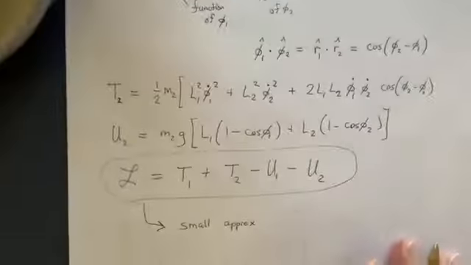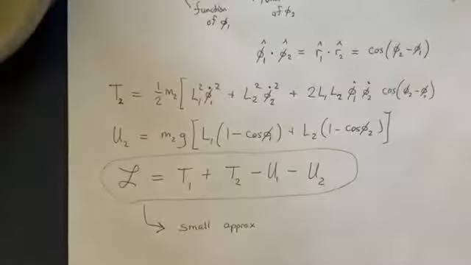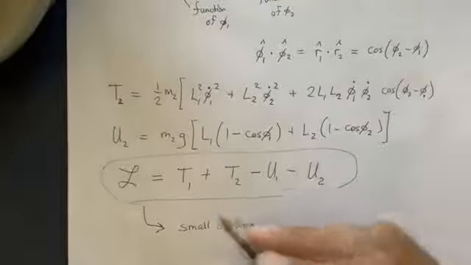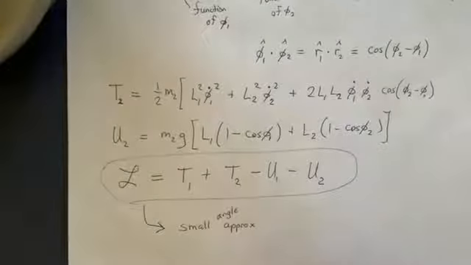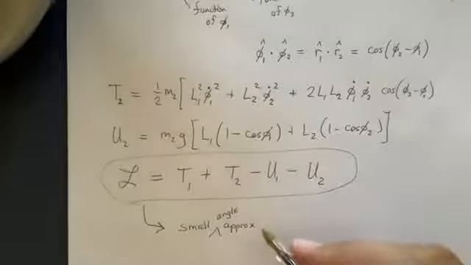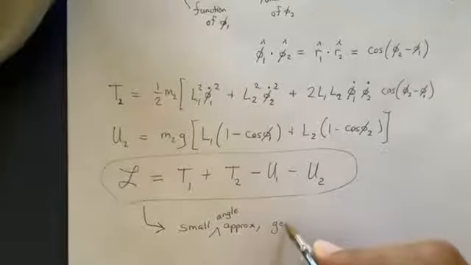And it's important to appreciate we're going to second order because we must differentiate the Lagrangian. At that point, we'll want to go to first order. So small angle approximation going to second order.